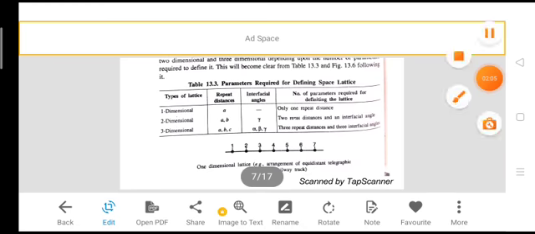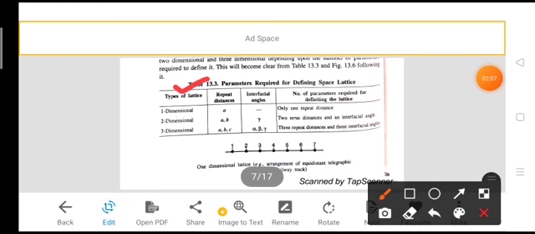So here this table gives the parameters required for defining a space lattice. So for a one dimensional space lattice, the repeat distance is a. There are no interfacial angles for a one dimensional space lattice.